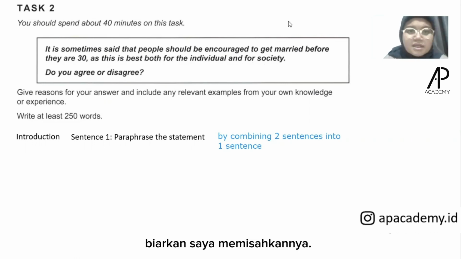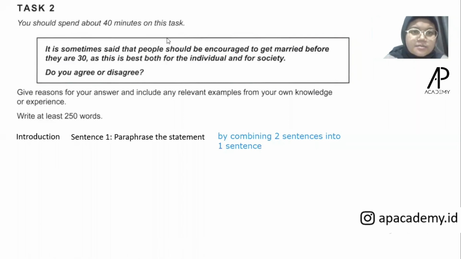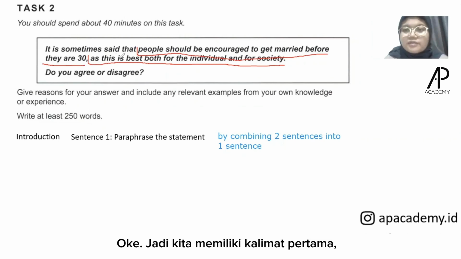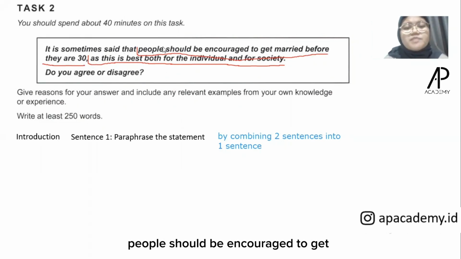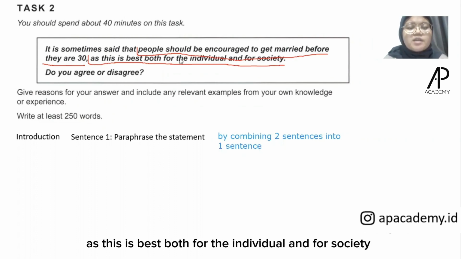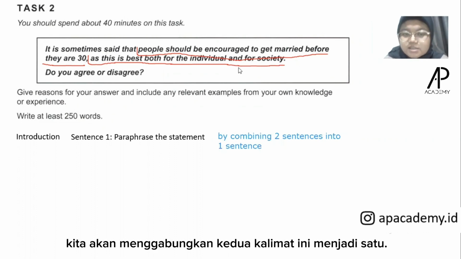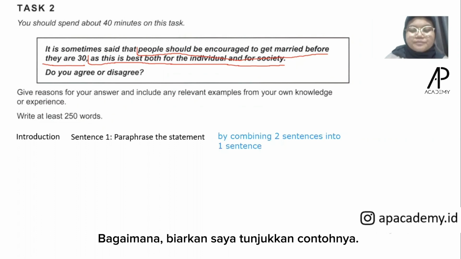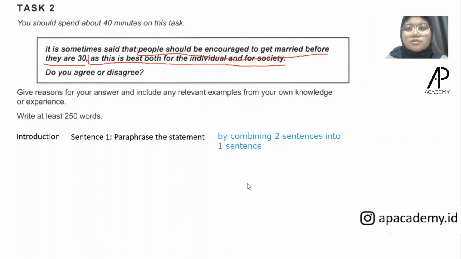Let me chunk it with this one, and this one. Okay, so we have the first sentence, people should be encouraged to get married before they are 30, and the second sentence, as this is best both for the individual and for society. We are going to combine these 2 sentences into one. How? Let me show you an example.